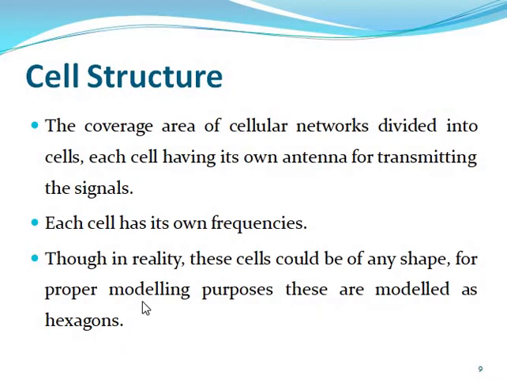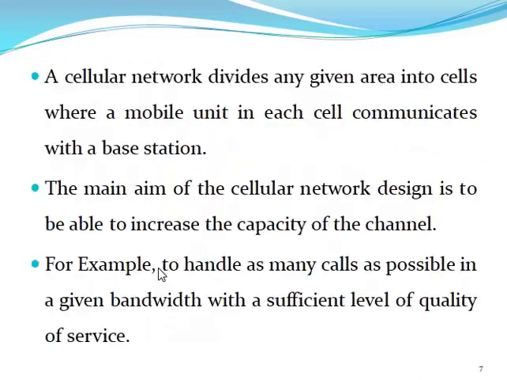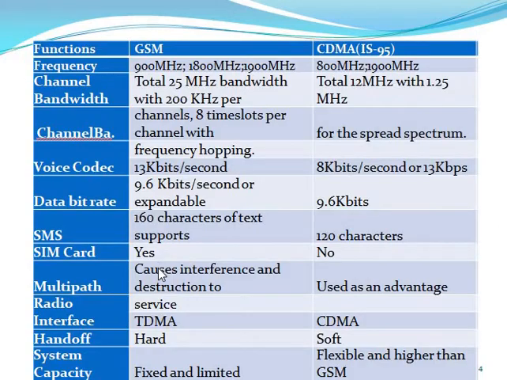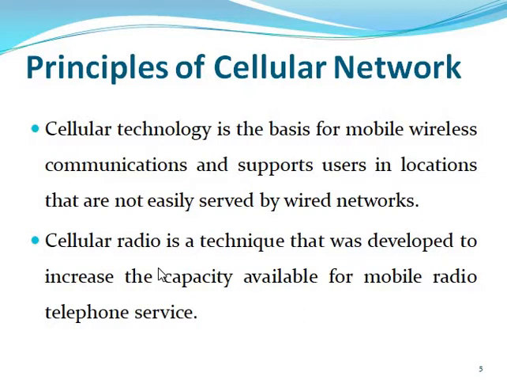Now we have discussed what the cell structure is. We have also discussed the principle of the cellular network. So first of all, what is a cellular network? Cellular technology is basically a mobile wireless communication technology that supports a location area.